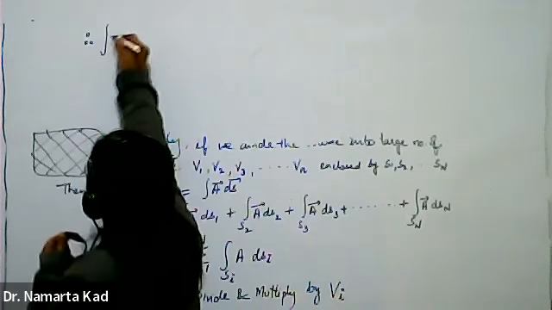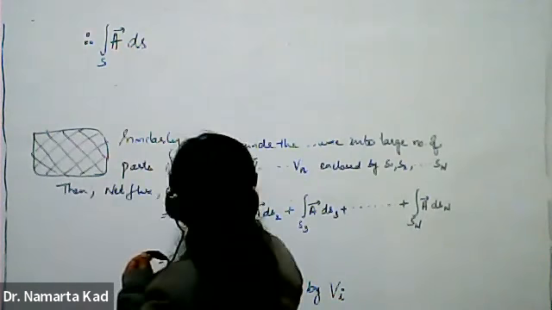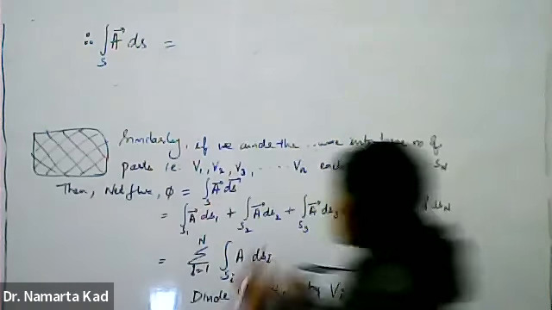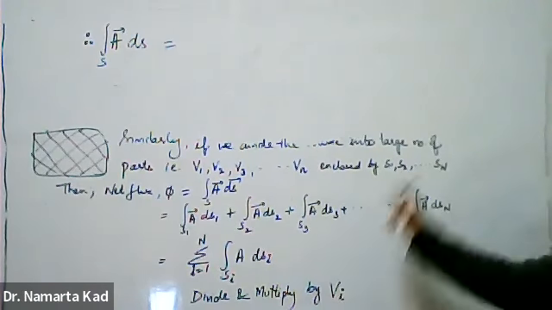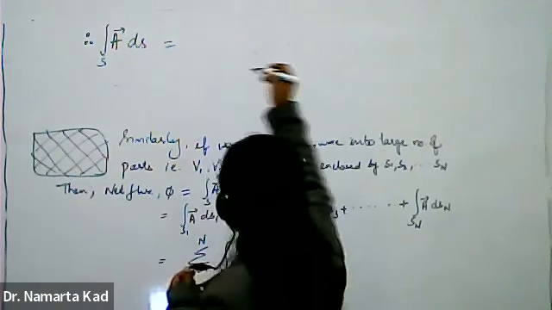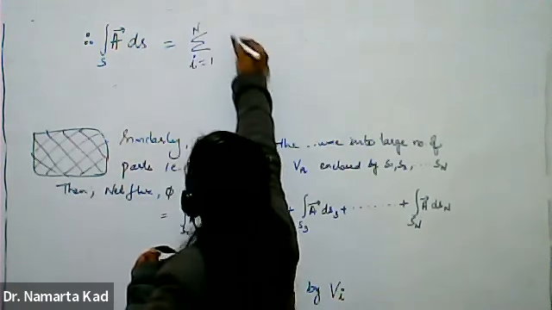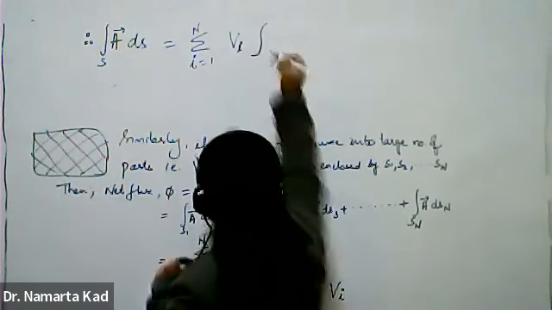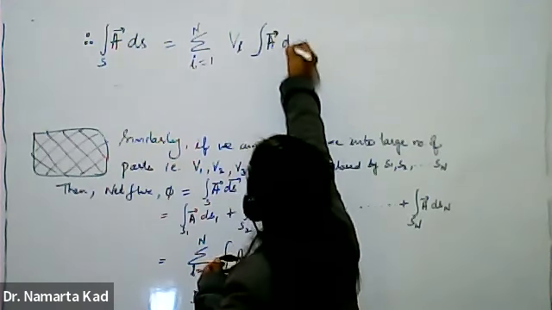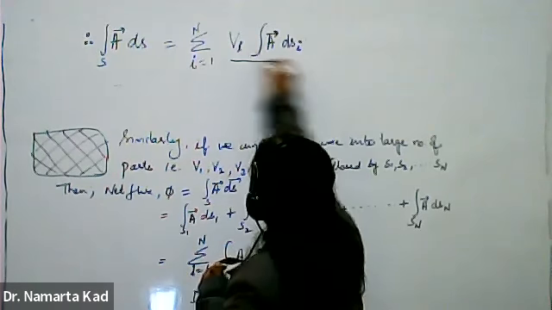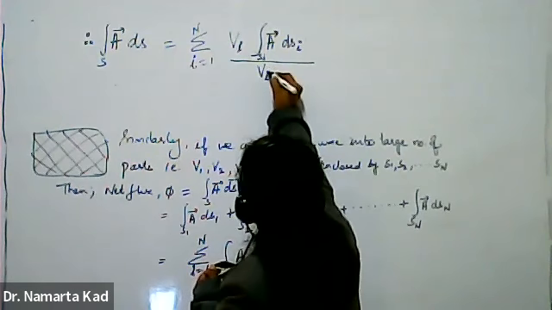Therefore, the integral of A dot ds is equal to, simply multiplying and dividing this term by Vi, the summation of i equals 1 to n of Vi into the integral over Si of A dot dsi divided by Vi.